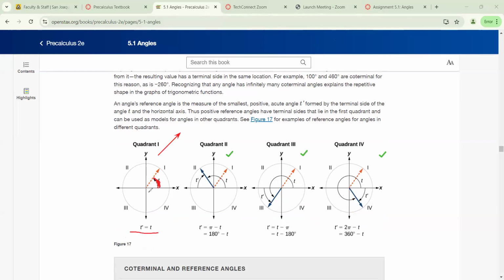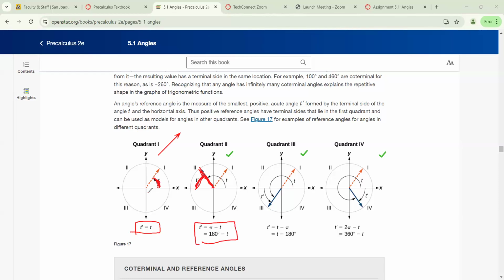And they're saying T dash is equal to T. Here, this is quadrant 2. Here is the angle, and the coterminal angle is this one over there. In the first quadrant it was the same angle. In the second quadrant, it's the angle from the other side. So that will be calculated by using 180 minus T.